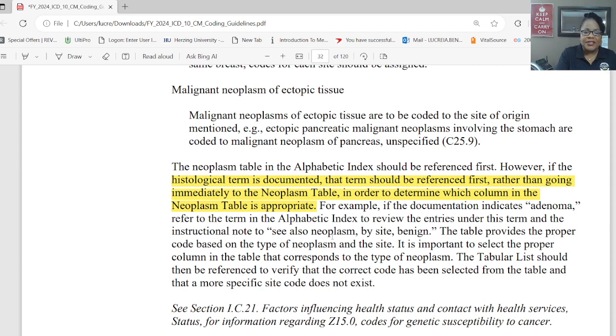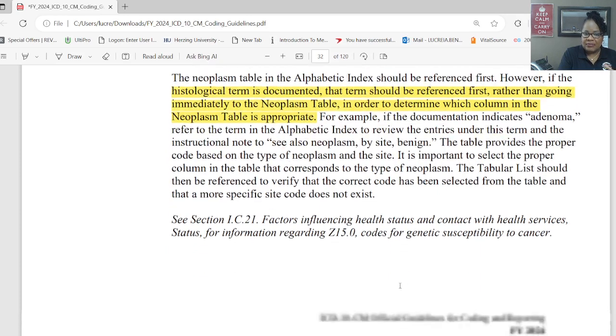The table provides the proper code based on the type of neoplasm and the site. And it's important to select the proper column in the table that corresponds to the type of neoplasm. The tabular list should then be referenced to verify that the correct code has been selected from the table and that a more specific site does not exist.